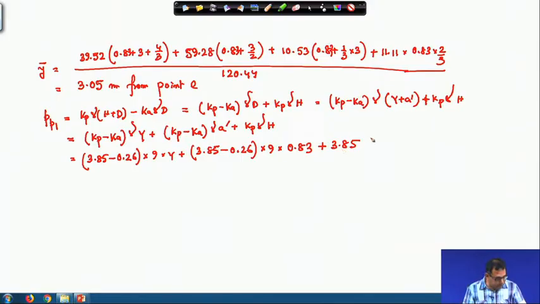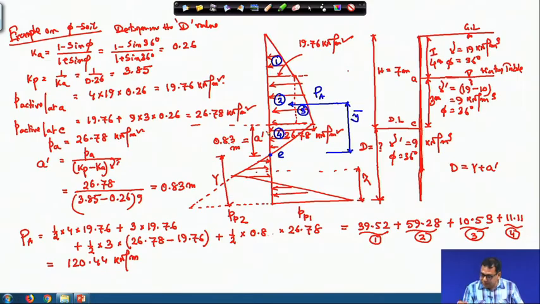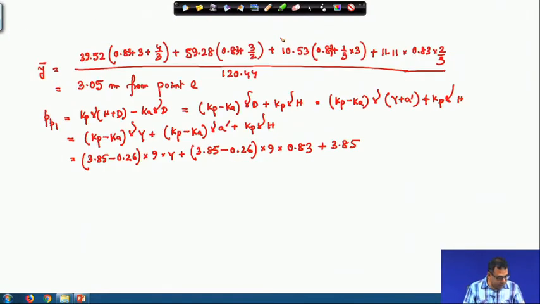So, this is 3.85. Then this h is some part is above water table and some part is below water table. So, this part I will write this gamma into h, I will write 19 into 4 above water table plus 9 into 3 below water table.